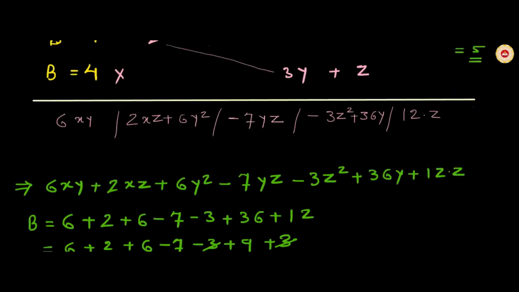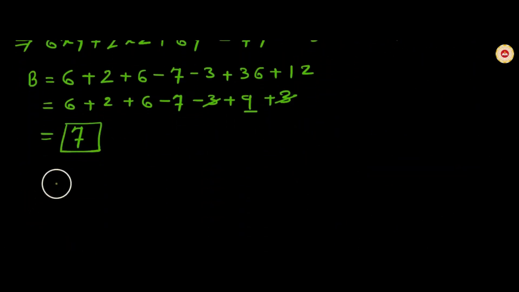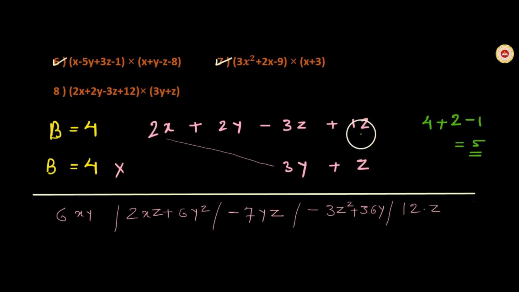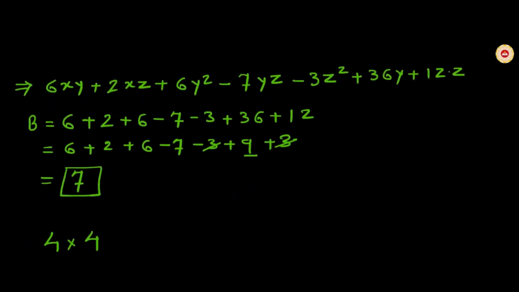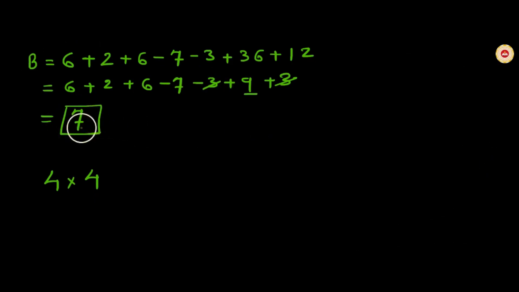So 4 multiplied by 4. 4 is the Bijank of multiplicand and 4 is the Bijank of multiplier. We will apply the same operation, that is multiplication, on these two Bijank, two digital roots, and we will see if the answer is the same.